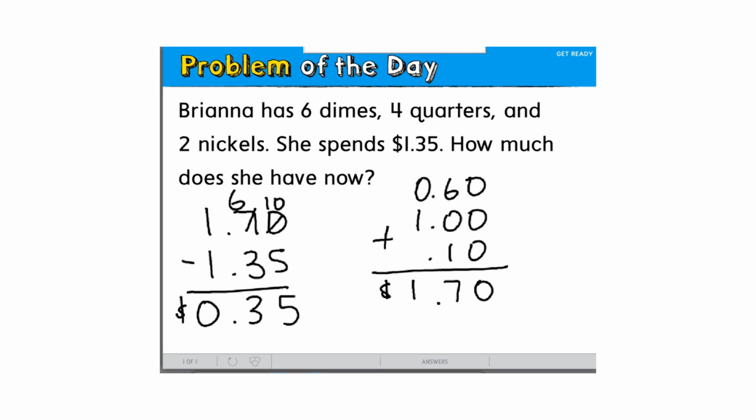Because it's not just a 2 in the ones place, a 6 in the tens place, and a 4 in the hundreds place, that's what you did. Instead, you needed to read the directions really closely. 6 dimes is 6 times 10 because a dime is worth 10 cents. 4 quarters would be $1 because each quarter is worth 25 cents. So you have to add up the amounts, not just see what numbers you have and make that into a number. That's why you got the wrong answer.